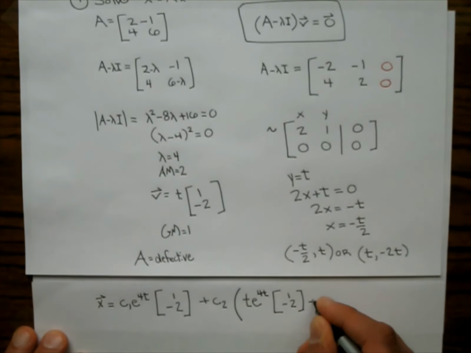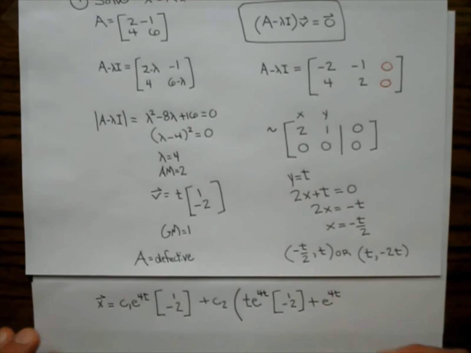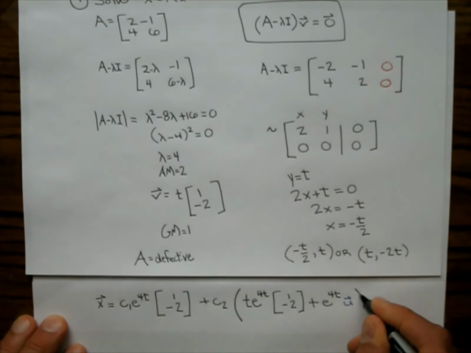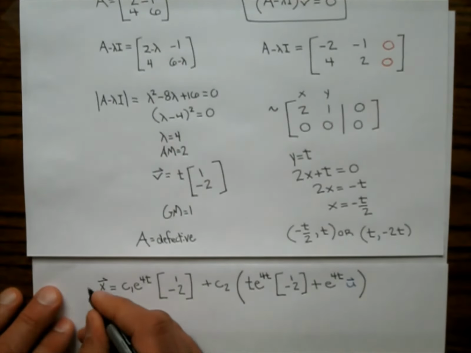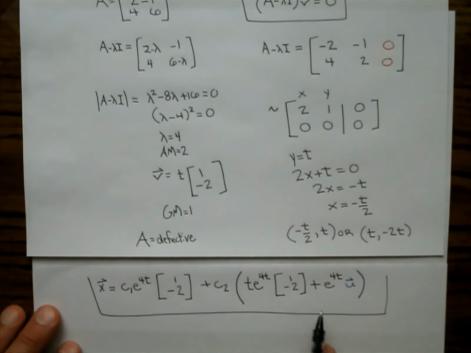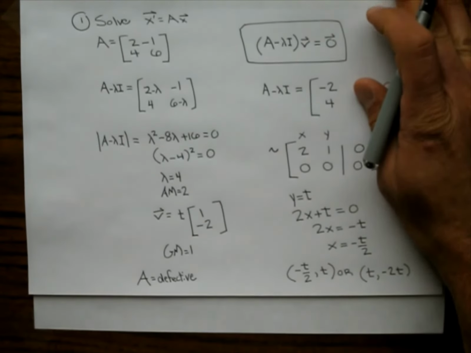And we found out that we can go plus e to the 4t times the new u. Here's the new u. So we don't know what that u is. But here's the deal. When you figure out what that new u is, then you've got your answer right there. There's the answer. So how do we figure out what the new u is? Well, let's go back to this.